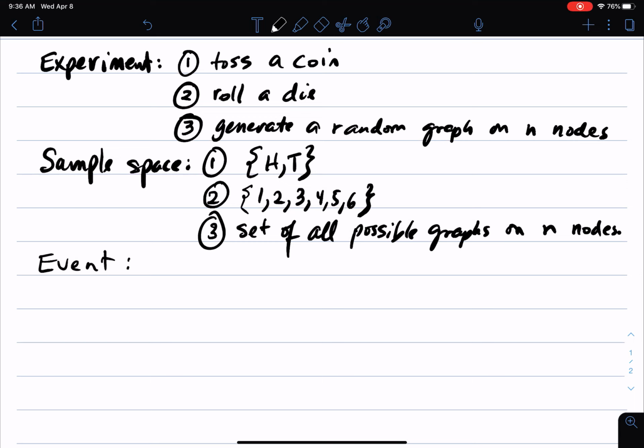When I roll a die, what is the probability that the number I see is smaller than or equal to 2? And when I generate random graphs on n nodes, I am interested in the probability that the graph will have exactly 3 edges in it. When we talk about these probabilities, what we are talking about is an event.